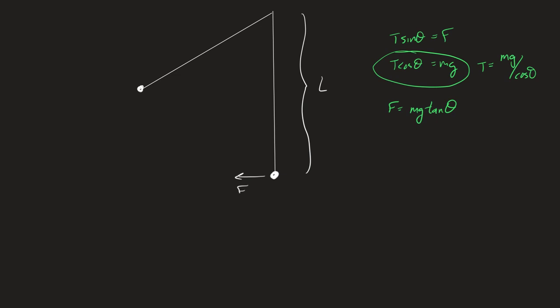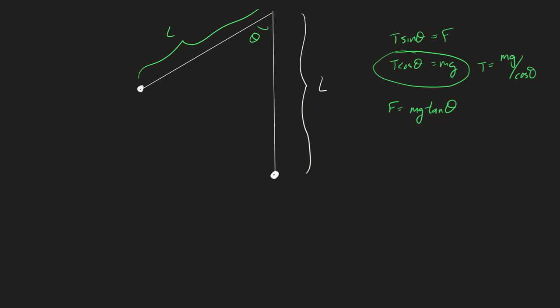I want to exaggerate this, so I'm trying to make sure that I have the two states pretty far apart. So let's say that we pull the child back this angle theta, and we release them, and we're trying to figure out the tension when we make it to here.